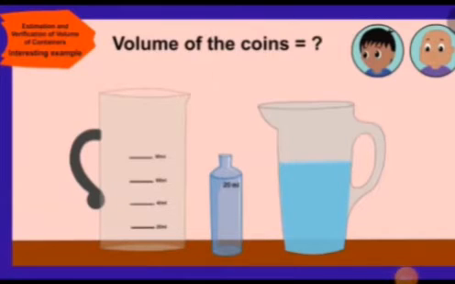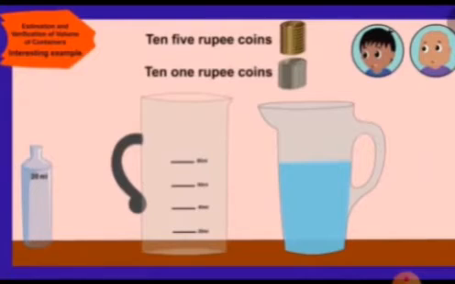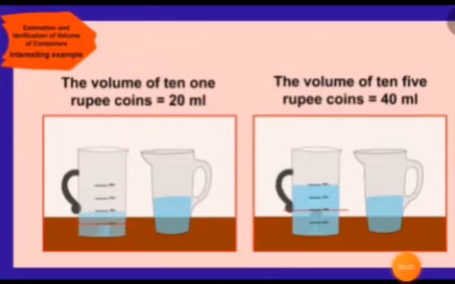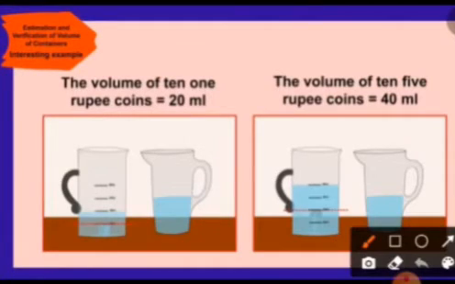So children, let us find the volume of the coins by using our own homemade measuring jar. Here I want to find out the volume of 10 5 rupee coins and 10 1 rupee coins. Here, to find the volume of 10 1 rupee coins, I fill this jar with water to 20 ml.